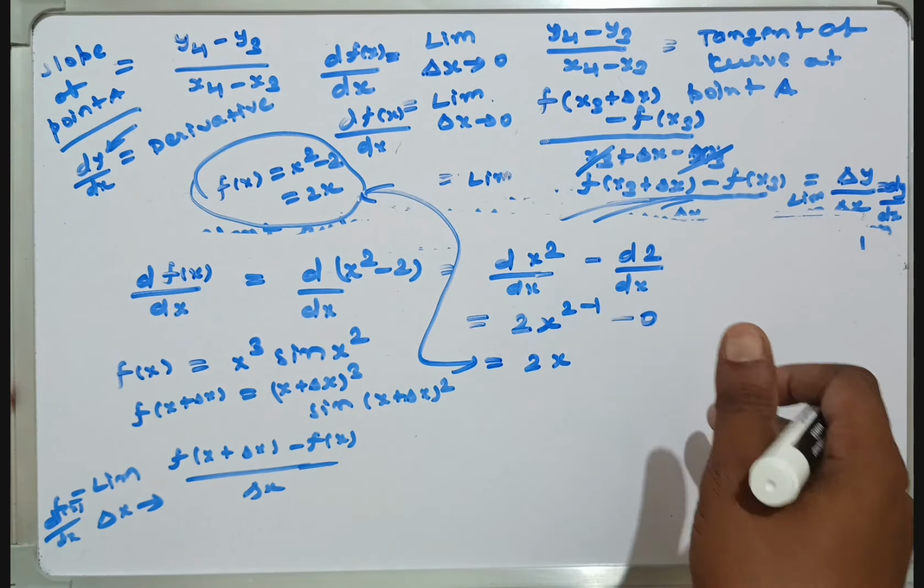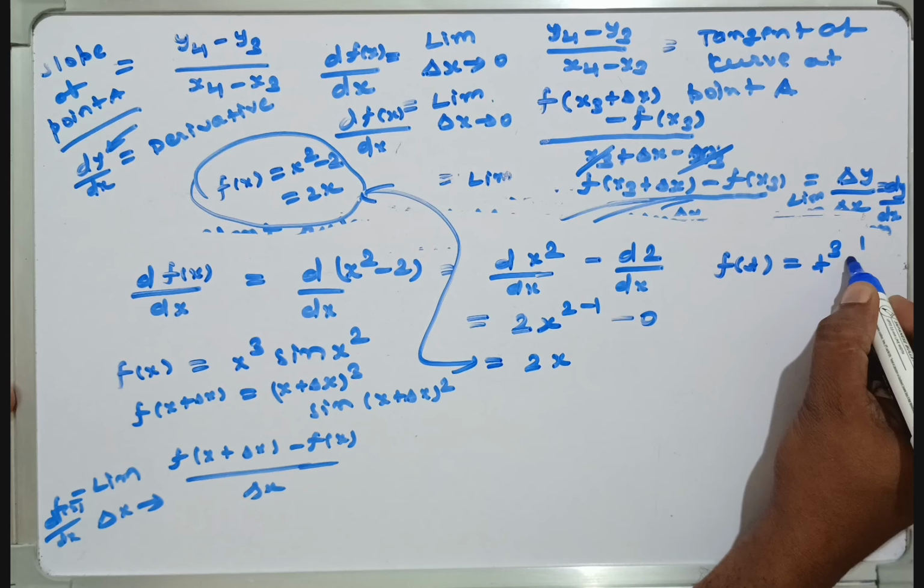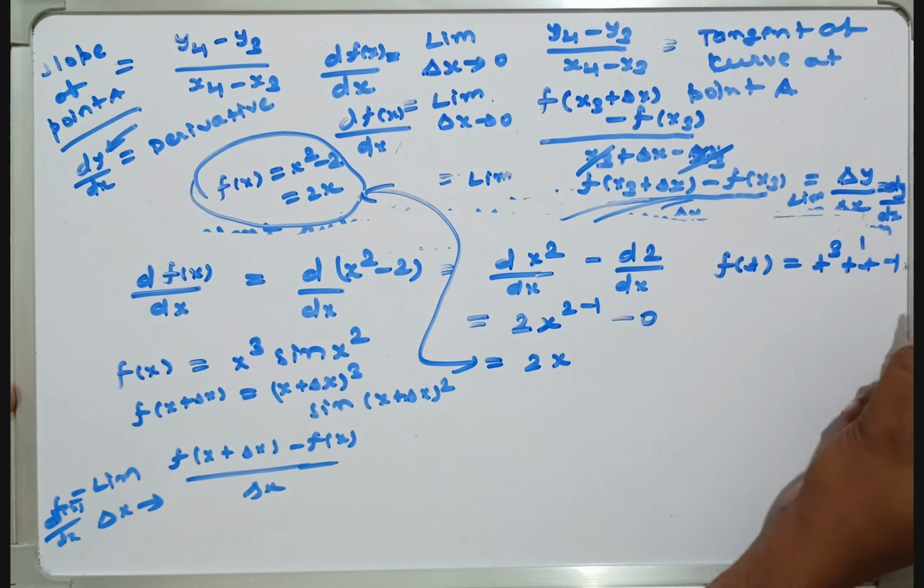Now the second thing, guys: in physics the rate of change of a function will give you the instantaneous rate of change of that quantity. In our question, suppose a particle's function f(t) is equal to t to the power of 3 plus t minus 1.